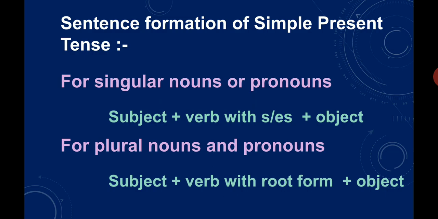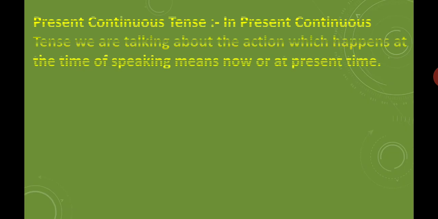Okay? If the verb is written with the S or ES form or in its root form, then we will understand that the tense is which tense? Yes, simple present tense. Let's move on.